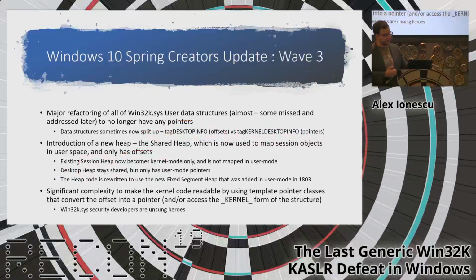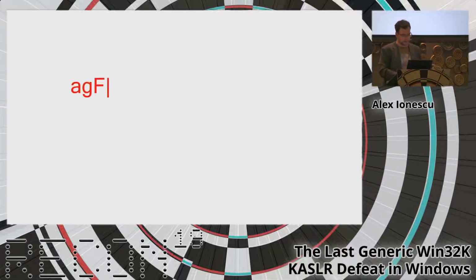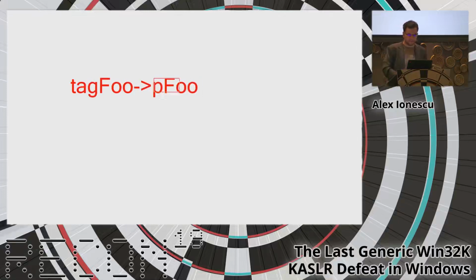Now, you can imagine the code becomes pretty hard because it must now mean that everywhere inside Win32K.sys, they're doing additions of offsets, additions of offsets, additions of offsets. So a kind of cool thing they did is, thanks to C++, they basically use template classes to create template overrides of every single pointer dereference to a structure that's potentially shared with user space, and to basically make the arrow operator do the offset, so that you still think you're basically doing tag foo arrow p foo, but internally this is an offset now.